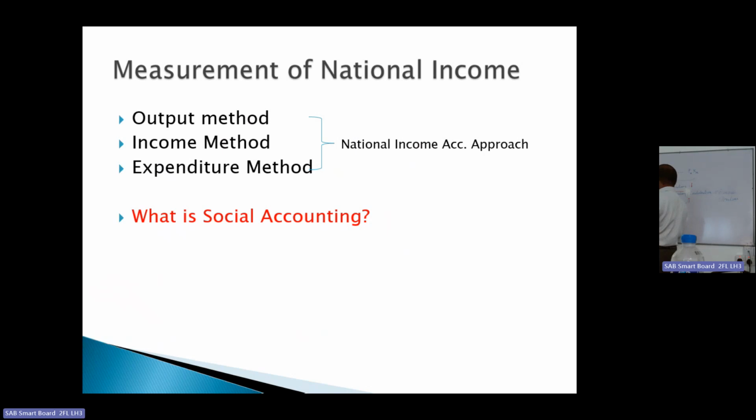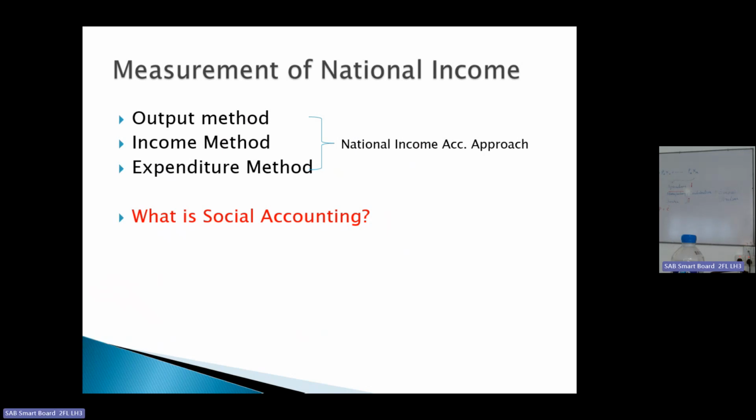Therefore, a problem arises. Even though profits are there, sometimes companies declare them as dividends. So those profits may be reinvested in the business. So there is a weak point. Anyway, according to the income method, he identified the factor income, that is the gross domestic income, GDI.